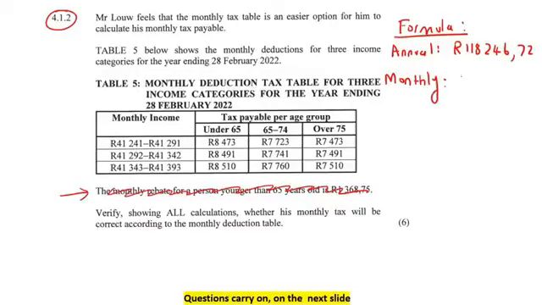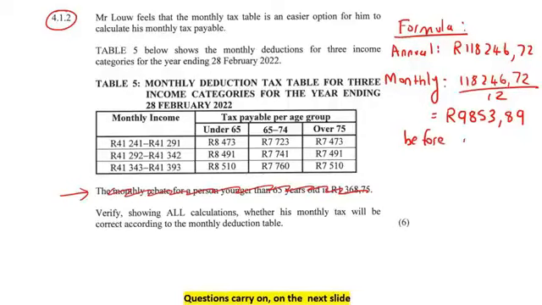Well, we're just going to divide that by 12. Okay, and if you do that, we get 9853.89 if you round to 2 decimal places. That would be how much tax there would be per month. That's before any rebate, okay? So that's what the formula tells us.